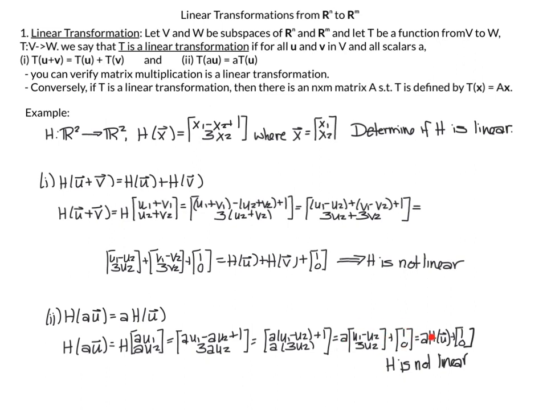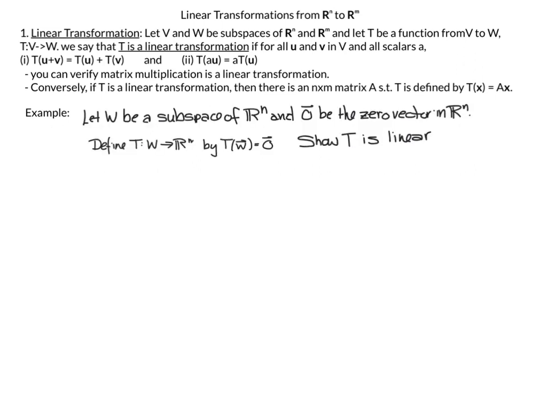So here I have a times our transformation of u, but it's not equal to h of au because we have this extra term, 1, 0. Therefore, h is not linear. It fails both conditions.